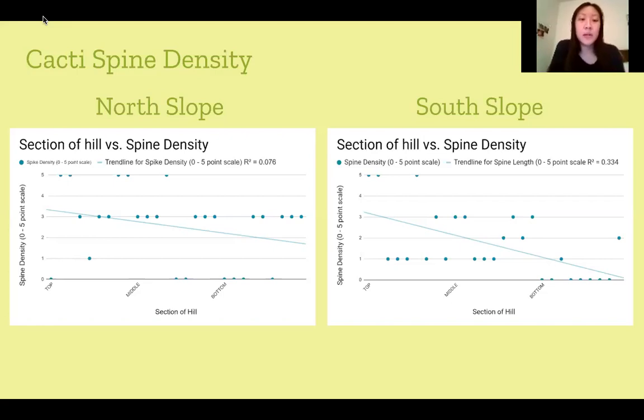That might have decreased the cacti competition, which allows the cacti to exert more energy on growing their spines, be more dense, and be longer for protection, as opposed to the plants on the south slope that had an increase in competition as they went down the hill towards the bottom.